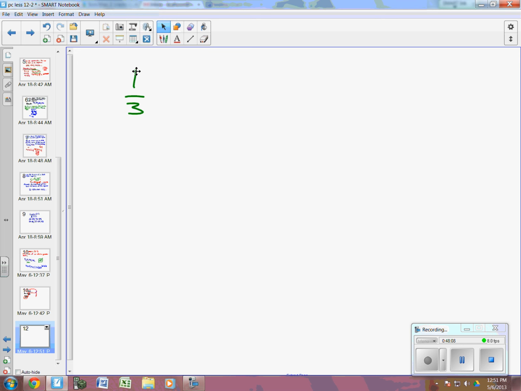What's my common ratio now? Okay, so I'm going to fold this one into thirds, and I'm going to tear this piece of paper once I get into thirds.